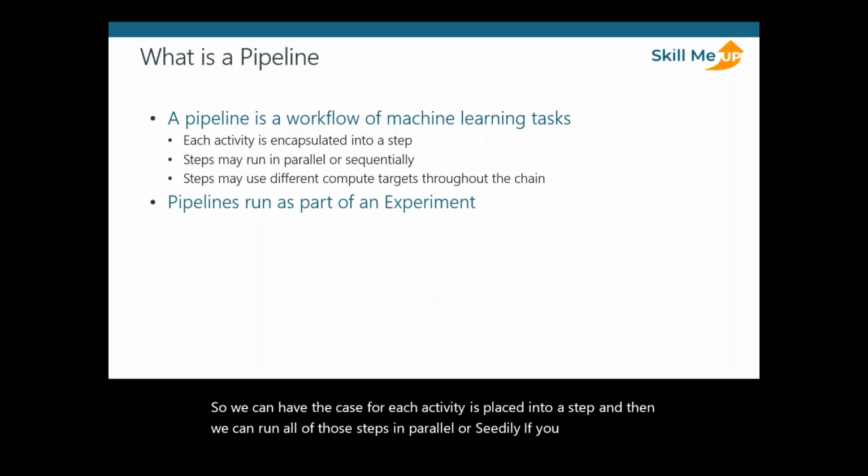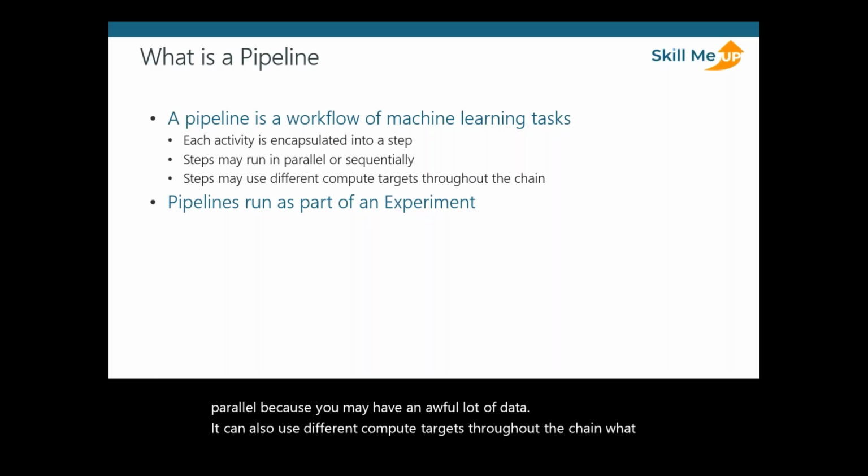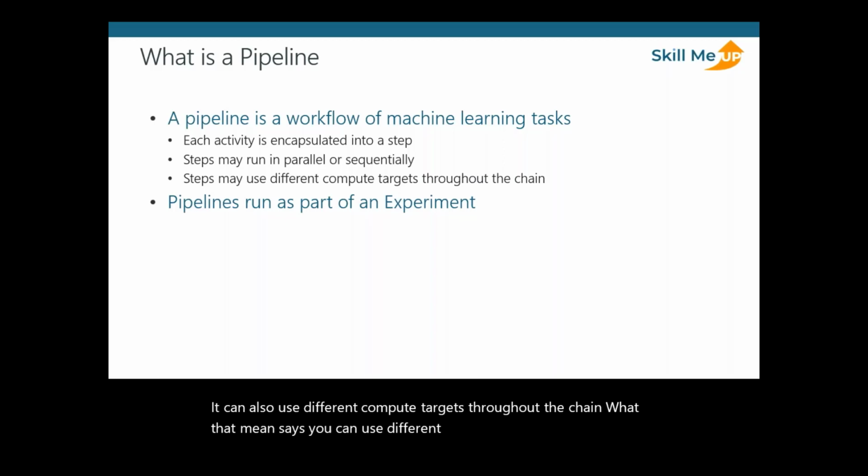If you are working with big data sources, it's very often very useful to have them running in parallel because you may have an awful lot of data. You can also use different compute targets throughout the chain. What that means is you can use different technical apparatus in order to provide you with the specific compute that you need in order to run the experiment.